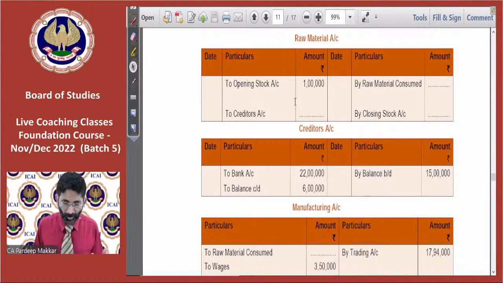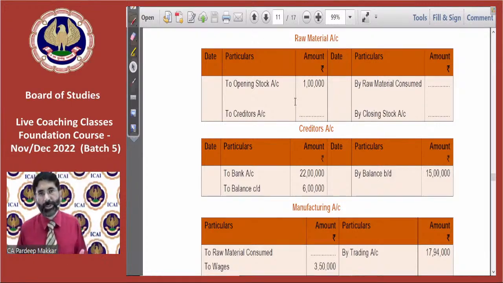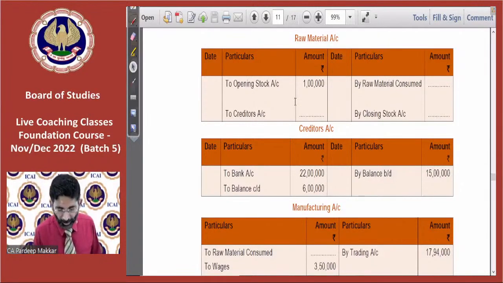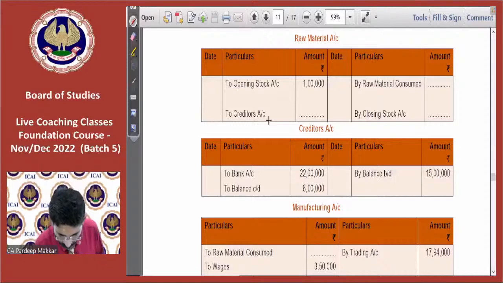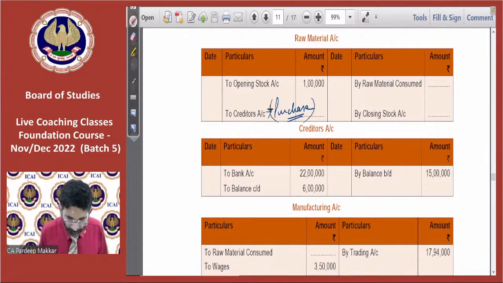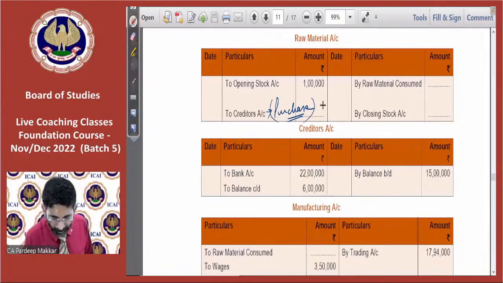Whenever we purchase raw material, instead of debiting purchase account, we will debit raw material account. So the entry will be raw material account debit to creditor account. This is the purchase made by us during the year. So you need purchases.